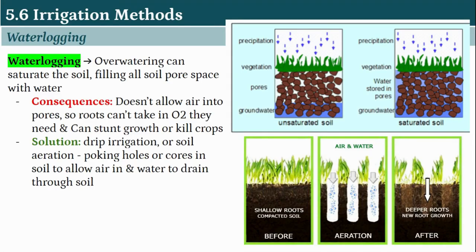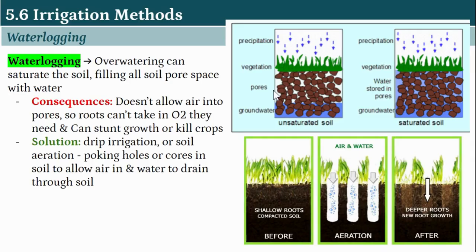Silt is the medium one, and clay has the smallest pore and the smallest particle, meaning it absorbs water very slowly. Waterlogging is when you're filling all of the pore space within a soil. So once you have all of the pore space filled, you're going to start flooding the surface. So we can see that here in the unsaturated versus the saturated soil.